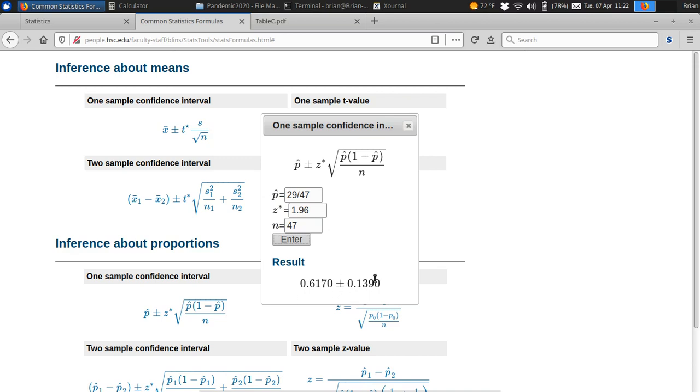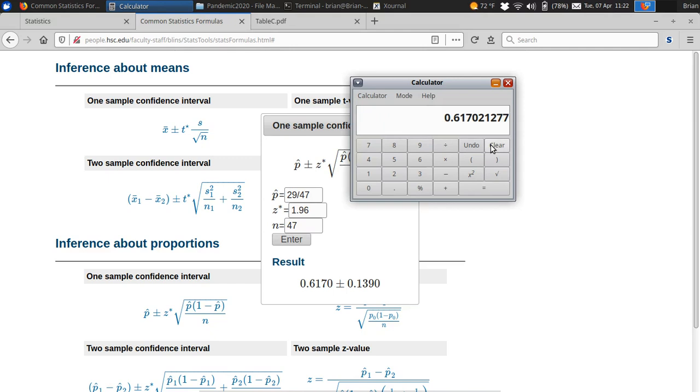When you write your answer, I do prefer if you would actually calculate the two endpoints, if you would actually do that adding and subtracting. So let's do that right now. So I'm going to take my calculator and I'm going to take the 61.7 and I'm going to add and subtract these two numbers. So let's do the subtracting first. 61.7% minus 13.9% drops me down to 47.8.